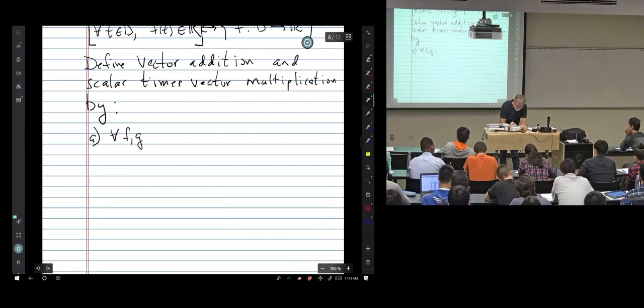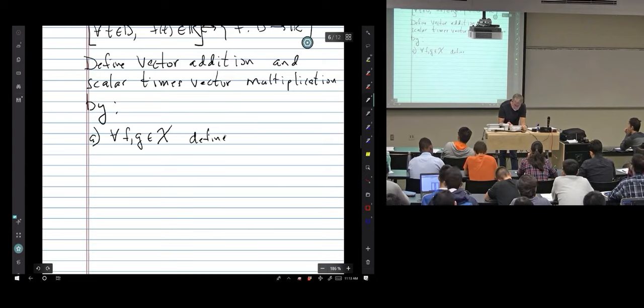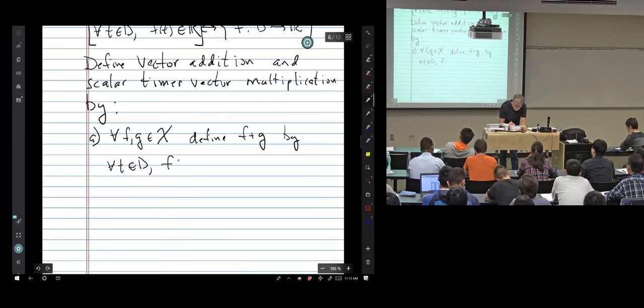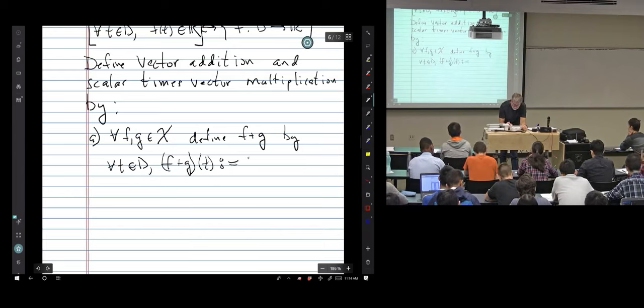For every two functions in my set of functions, I define their sum by, for every t an element of D, f plus g evaluated at t is by definition equal to f of t plus g of t.